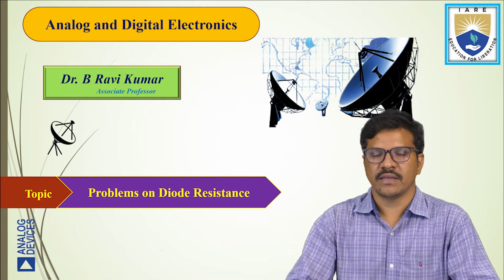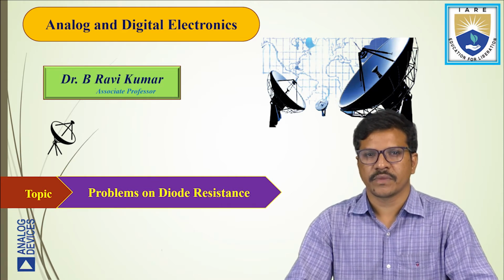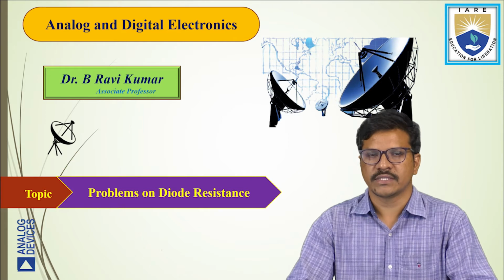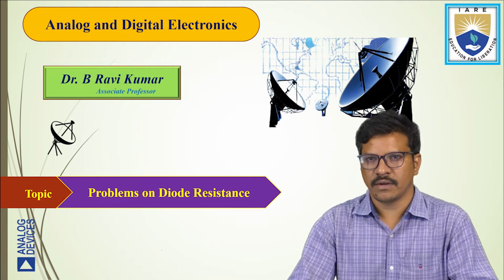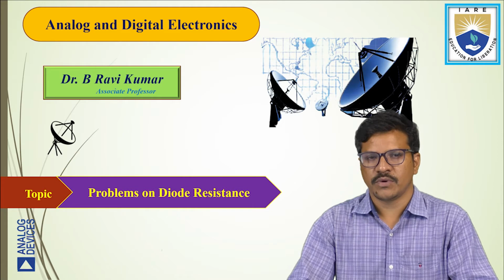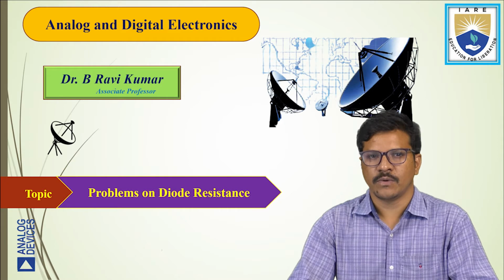Previously, we have discussed all the theory topics regarding analog and digital electronics. Now onwards, we are going to do some problems related to the analog part and the digital part. As we know, the first two modules are related to analog electronics.